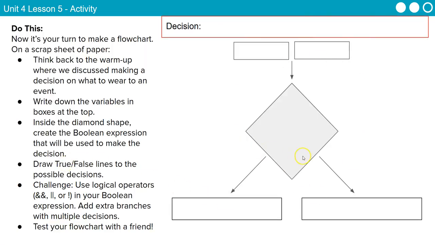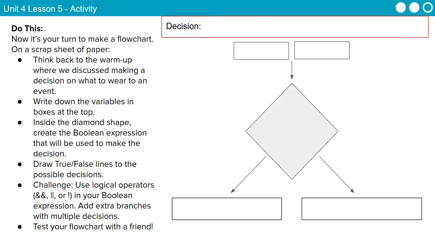So this idea of a flowchart, we don't use it a lot in this class, but I will tell you that there will be one or two questions on your AP exam where they give you a flowchart with some values and some variables, and they're going to ask you to evaluate that expression using the flowchart to decide what the correct answer is. You will also have to produce one of these on your Unit 4 project. There's going to be a planning guide.